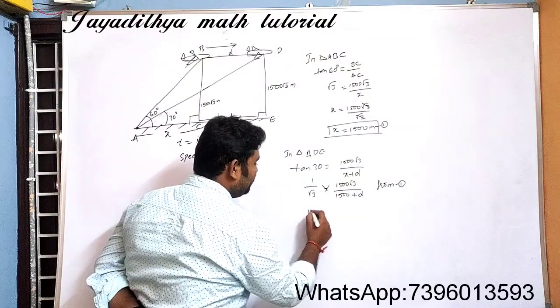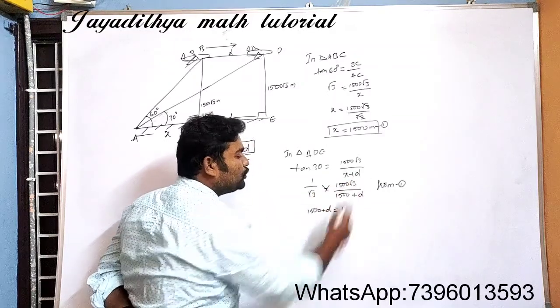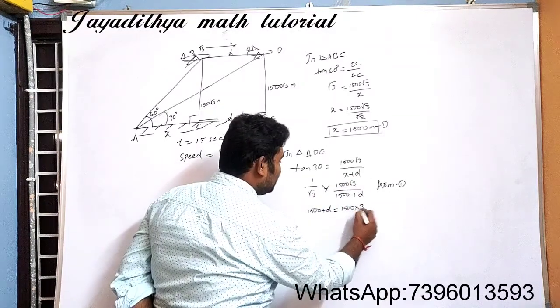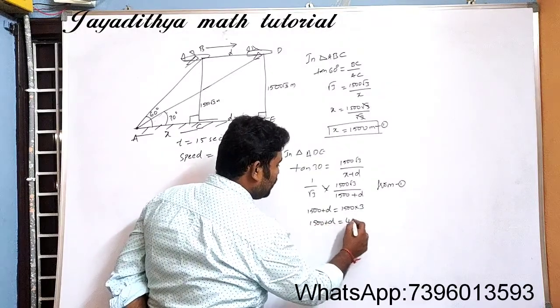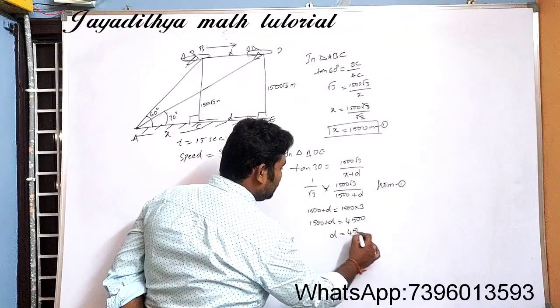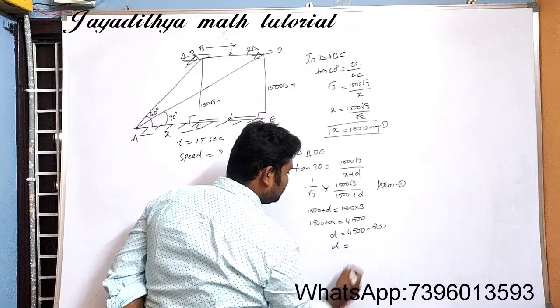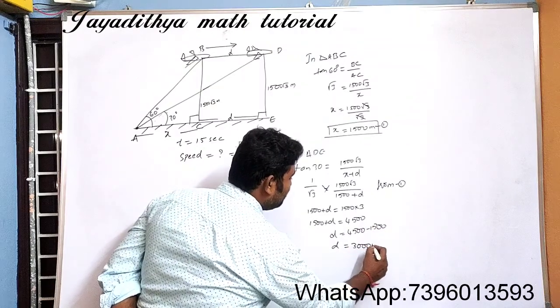This will be 1500 plus D is equal to 1500 root 3 into root 3. Root 3 into root 3 will be 3. So 1500 plus D is equal to 4500, and D is equal to 4500 minus 1500. So D is equal to 3000 meters.